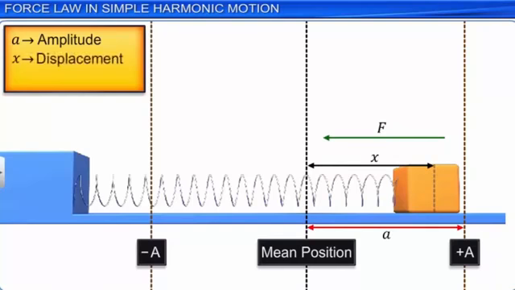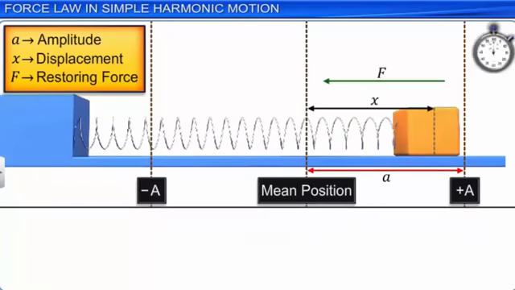Hence, this force is called the restoring force in simple harmonic motion. For simplicity, if we assume the initial phase phi to be 0, then the displacement of the body, x of t, is equal to a cos omega t.